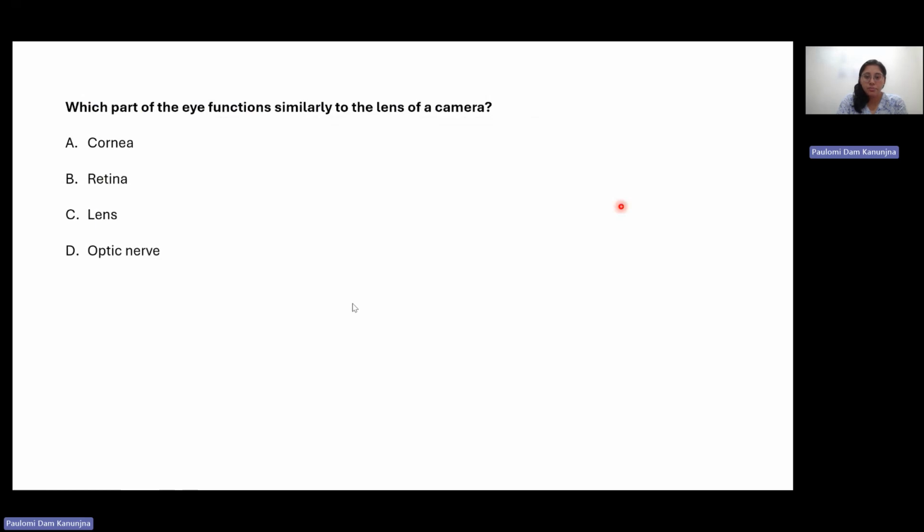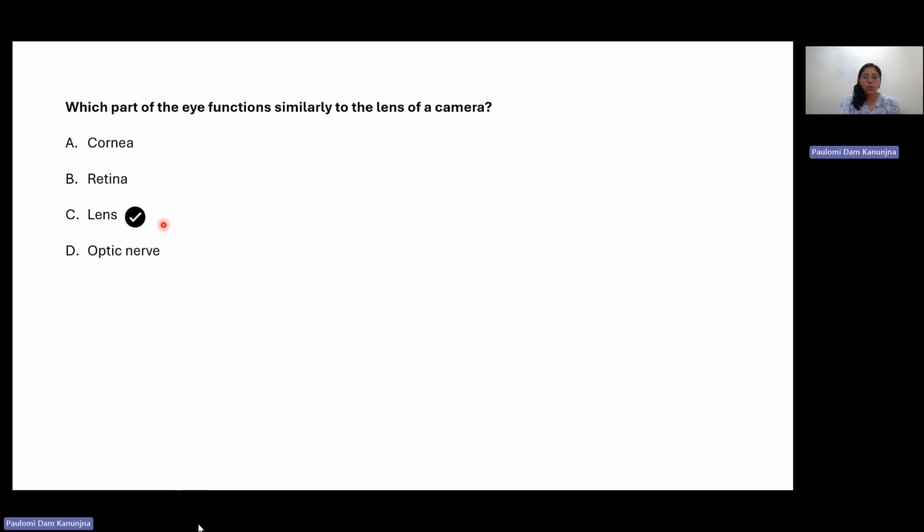I'll wait for a few seconds. Right. So which part of the eye works similarly to the lens of a camera? The lens, right? This is easy to understand.